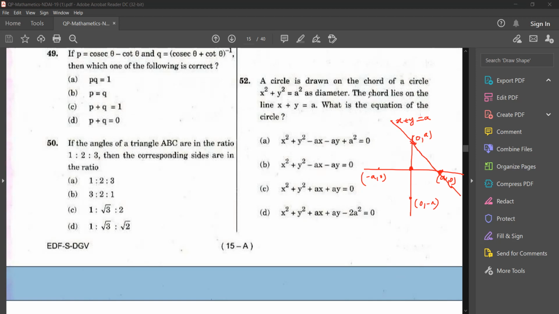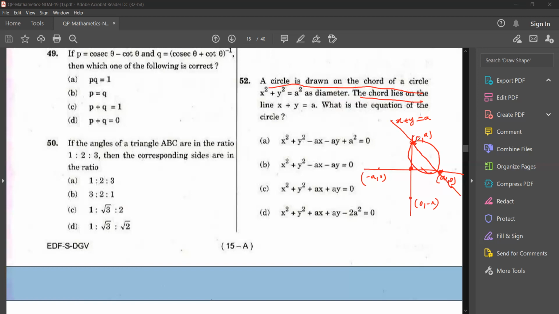A circle is drawn on the chord of a circle x square plus y square is equal to a square. The chord lies on the line x plus y is equal to a.